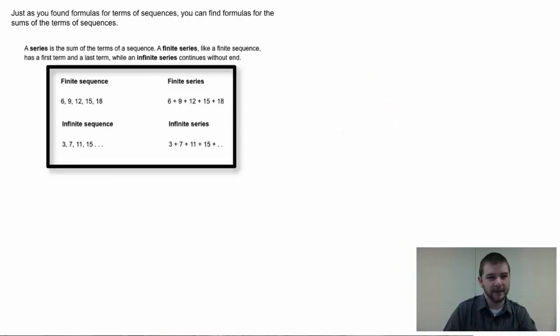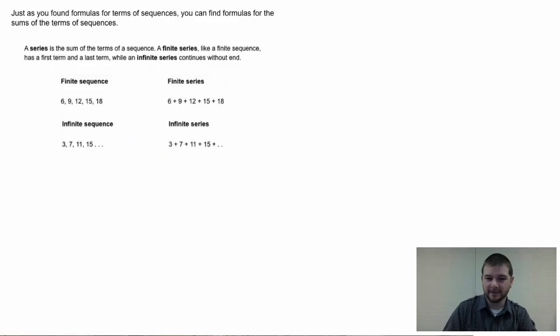Here are some examples. A finite sequence: 6, 9, 12, 15, 18. A finite series: 6 plus 9 plus 12 plus 15 plus 18. An infinite sequence: 3, 7, 11, 15, etc. An infinite series: 3 plus 7 plus 11 plus 15, etc.